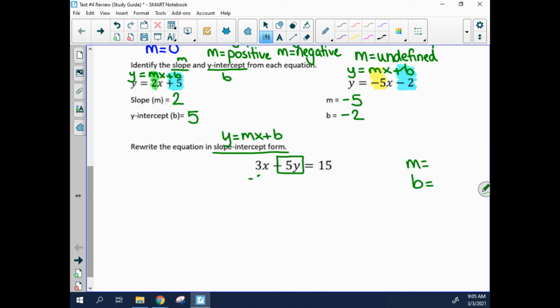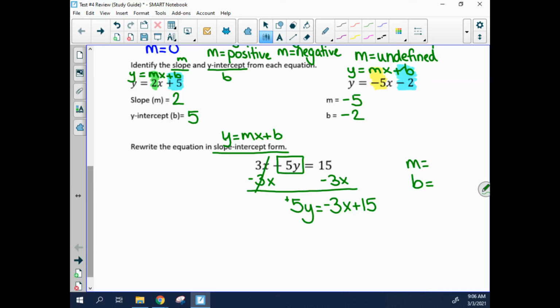So I'm going to subtract 3x first from both sides and cancel it out. That leaves me with a positive 5y on the left. And when I go to rewrite the right, 15 and negative 3x cannot be combined because they're not like terms. So I'm going to put the x term first and the constant, that 15, at the end.